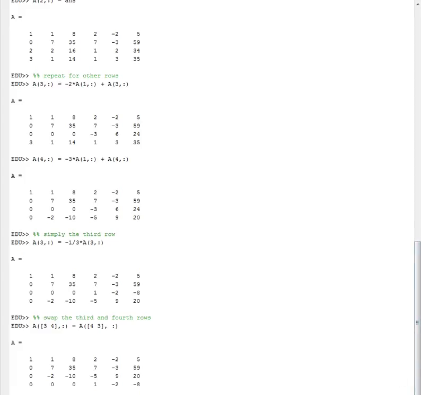So I'm going to move on to the second column and look for another pivot. This time the pivot's not going to be in the first row because we've already used the first row and its pivot's in the first column location. So the pivot in column 2 has to be either row 2, 3, or 4. There could be no pivot in the second column.